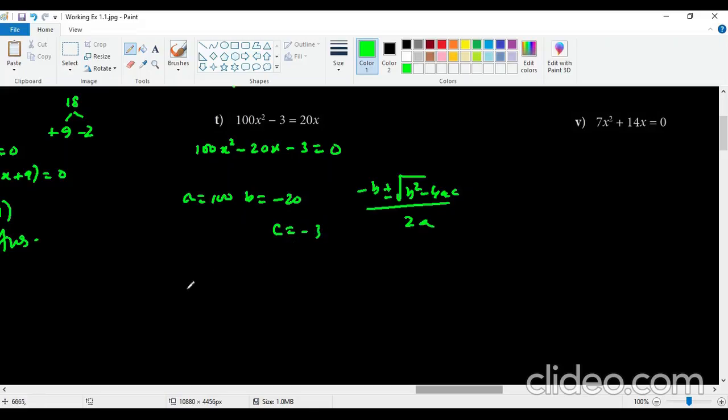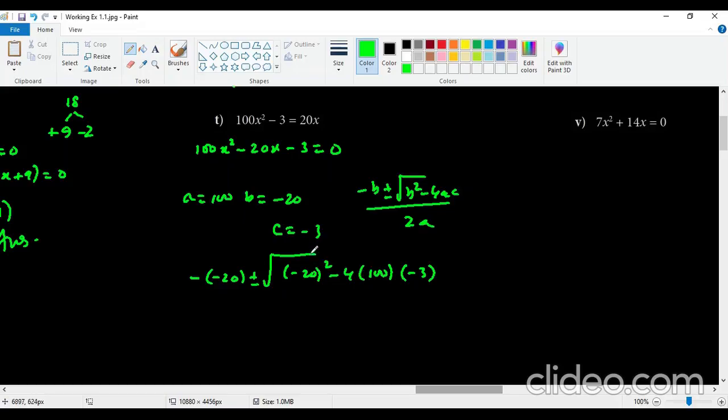So what I will do is I will write this into a term of quadratic formula. In here, negative 20 is going to come, plus minus under root minus 20 square, and minus 4 times a, and c is a negative 3.